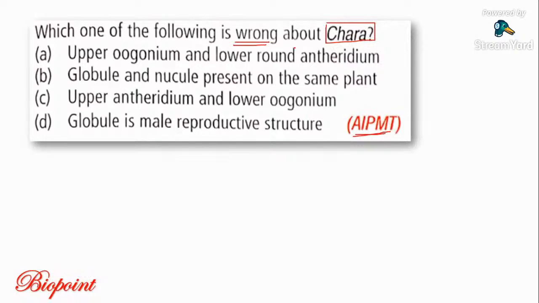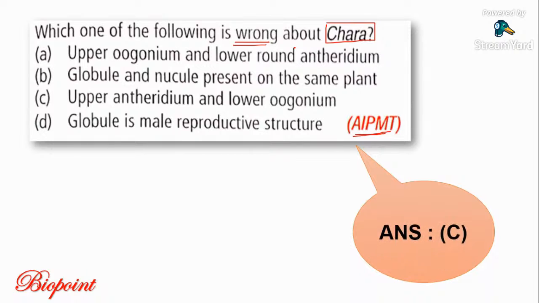The correct answer for the question is option C, that is upper antheridium and lower oogonium. Antheridium is the male part and oogonium is the female part of Chara.